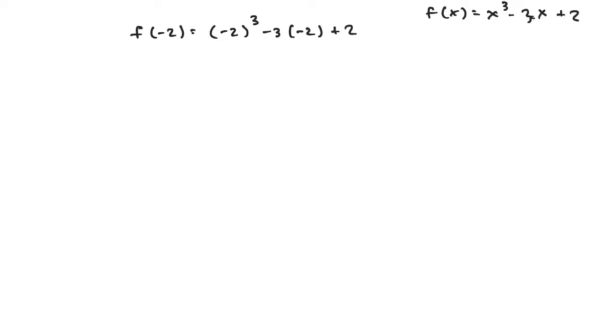So what we can do is look at f of minus 2, which is the left endpoint of our interval, and if we say that f of x equals x cubed minus 3x plus 2, then f of minus 2 means that we're going to have minus 2 cubed minus 3 times minus 2 plus 2, and if we plug that into our calculator, that's going to equal 0.